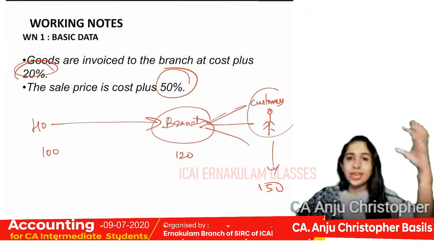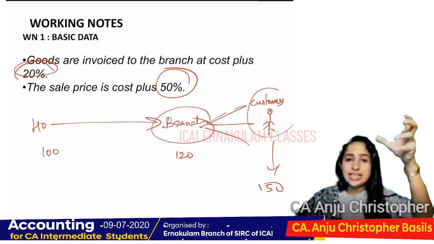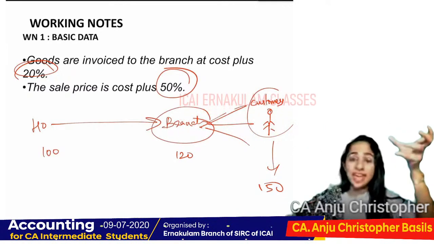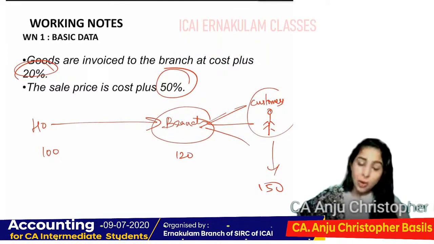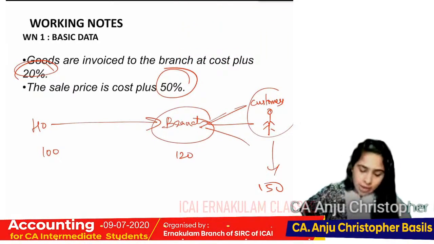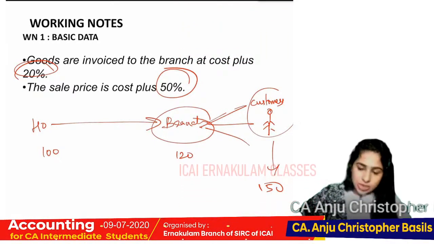Initially we are giving it at the wholesale price, and from there to the final customers at the normal selling price. Now what is a wholesale price? It is nothing but, if the cost of the company is 100, it will be 100 plus 25%.